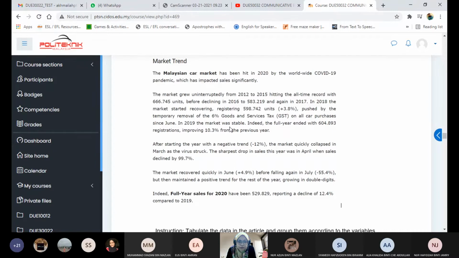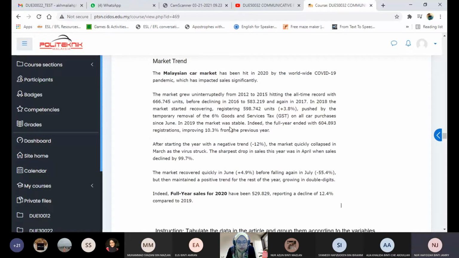Alright, so dia punya isu dia adalah about the sales of Malaysian car market. Okay, tahun dia bila? 2020. If you want to focus for 2020, then you can include 2020.